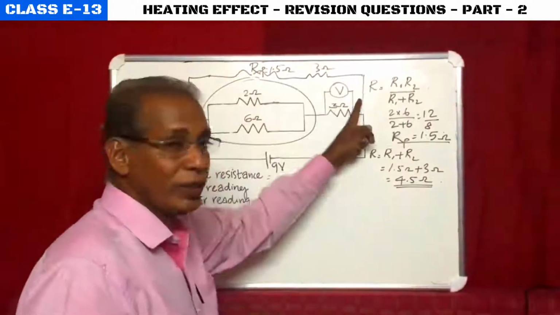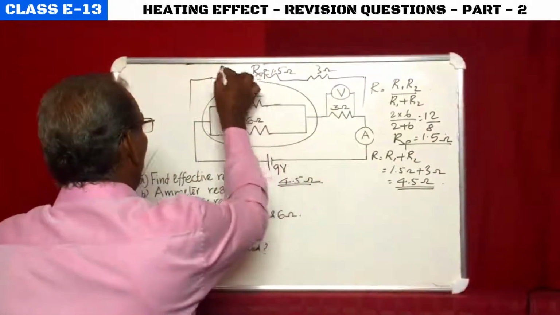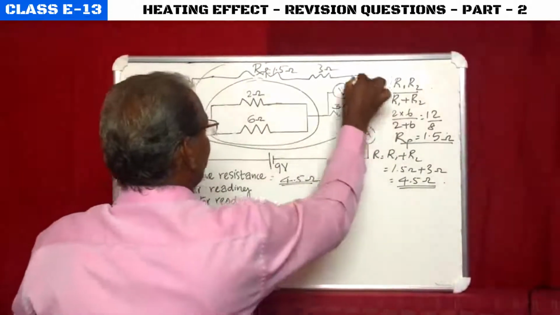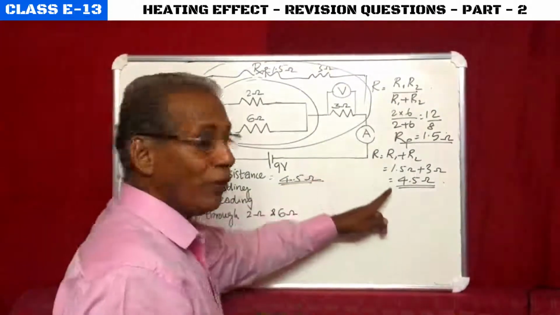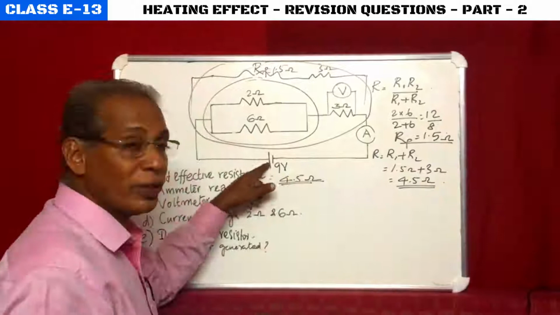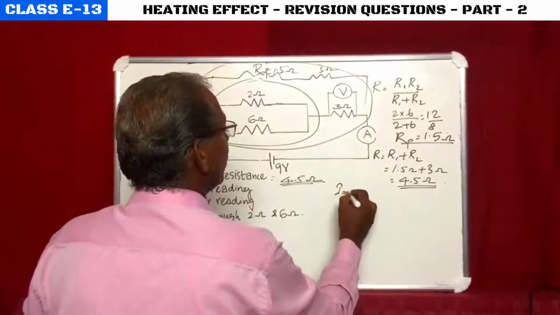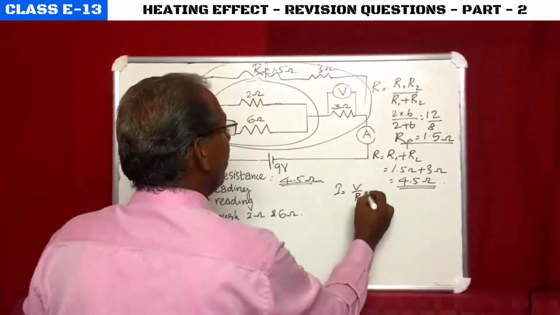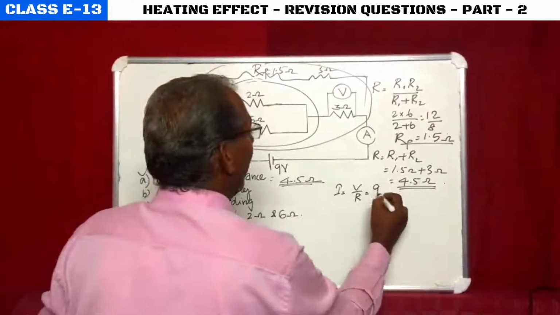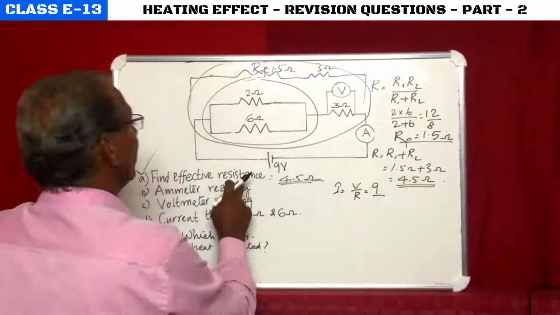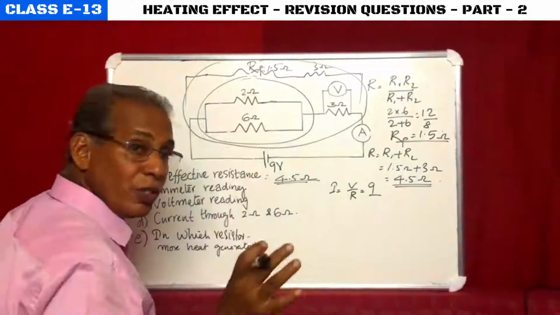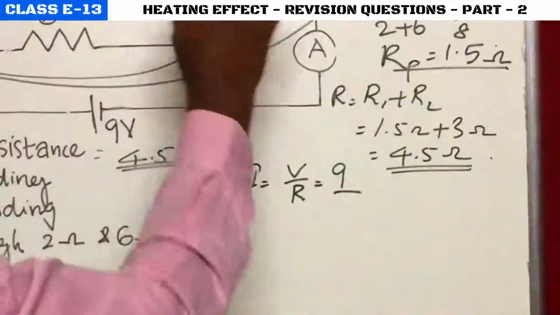Now we have to consider the resistance as a whole from here to here. Full resistance, that is our effective resistance, and 9 volt is the cell voltage. So we know I is equal to V by R, where V is the line voltage and R is the effective resistance. That is the full resistance, not this one or this one. Full, that is 4.5.